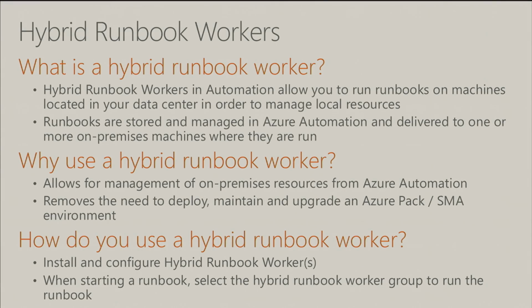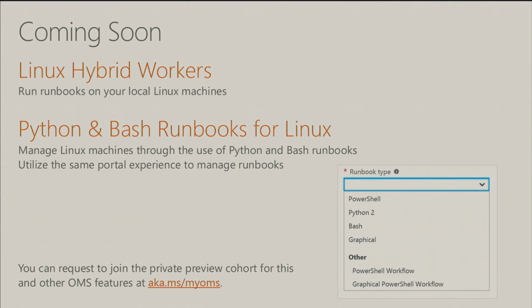Coming soon, what's the next step for hybrid runbook workers? The next step is Linux. So for all of you Linux fans, or you have a bunch of servers that you want to see what's going on or run PowerShell scripts on, PowerShell's now on Linux too. And if you don't have PowerShell scripts for Linux right now, we're opening up support for Python and Bash only for our Linux hybrid workers.